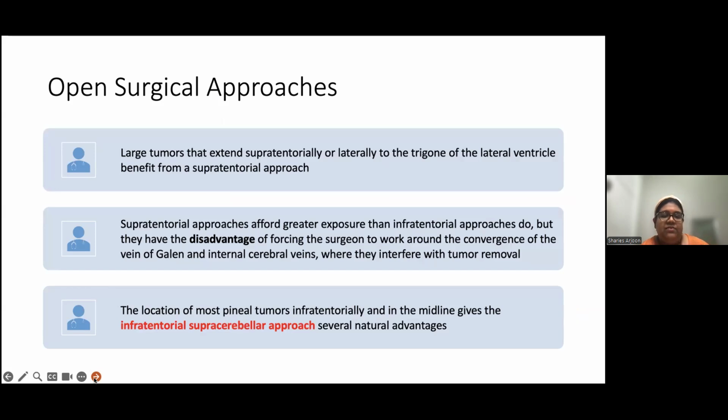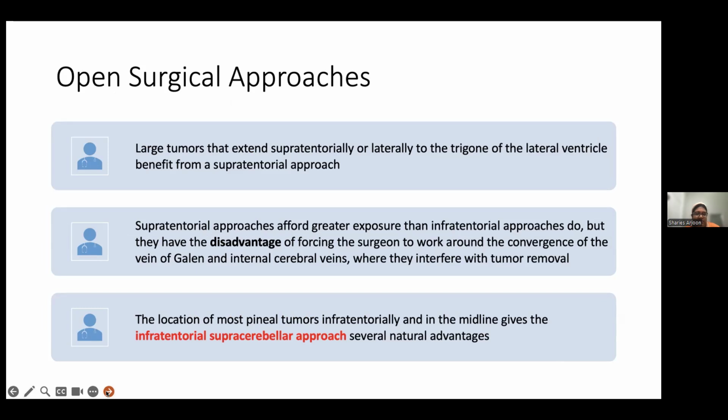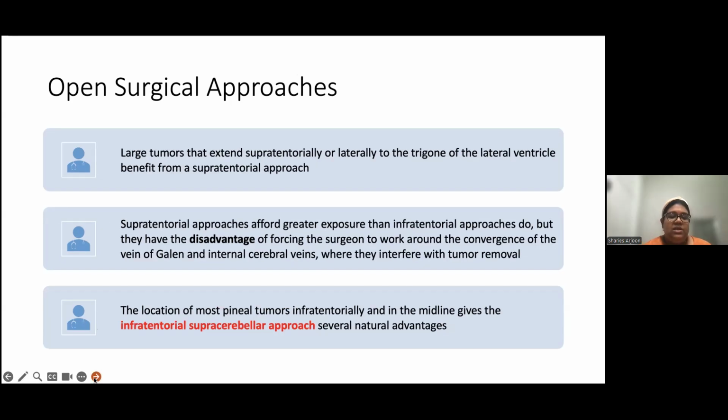Supratentorial approaches afford greater exposure than infratentorial approaches do, but they have the disadvantage of forcing the surgeon to work around the convergence of the vein of Galen and the internal cerebral veins, where they interfere with tumor removal. The location of most pineal tumors is infratentorial and in the midline, which gives the infratentorial supracerebellar approach several natural advantages.